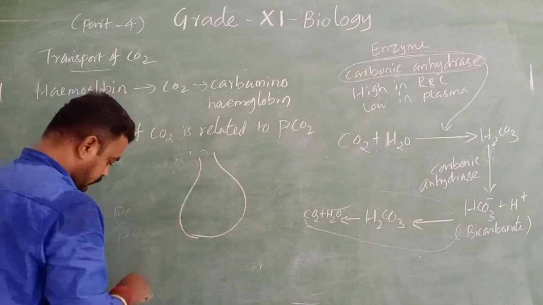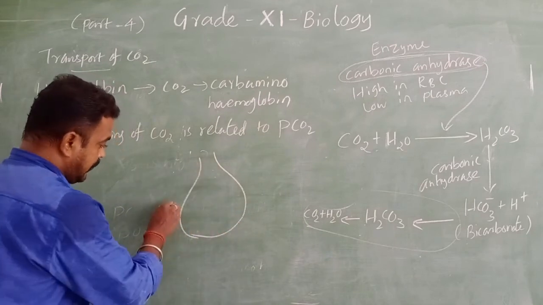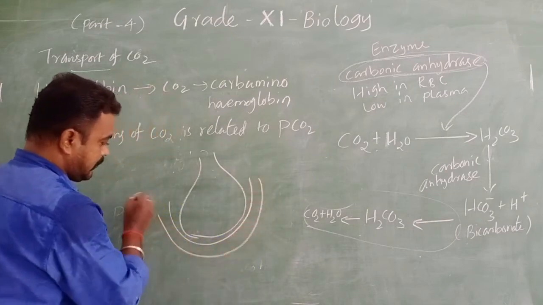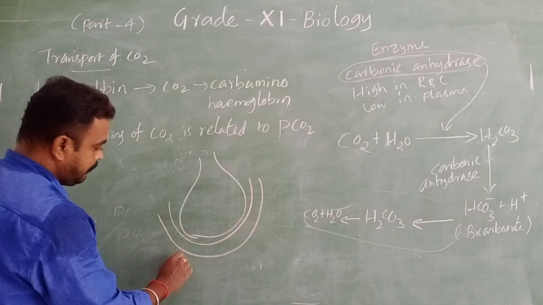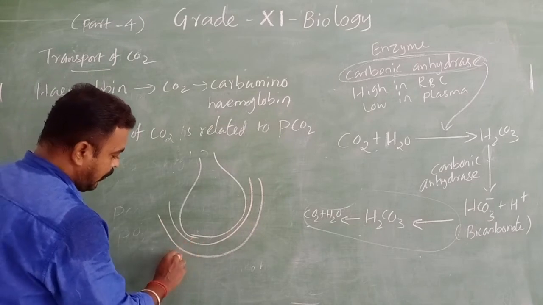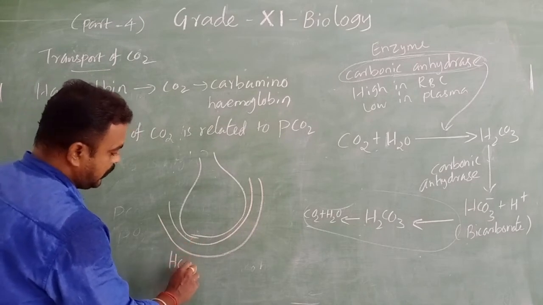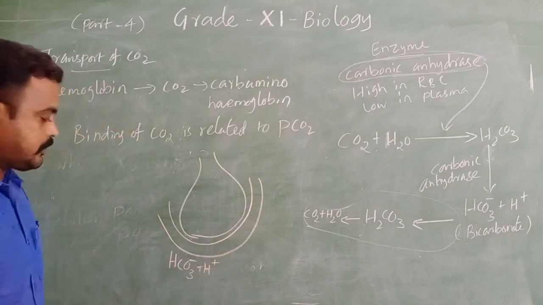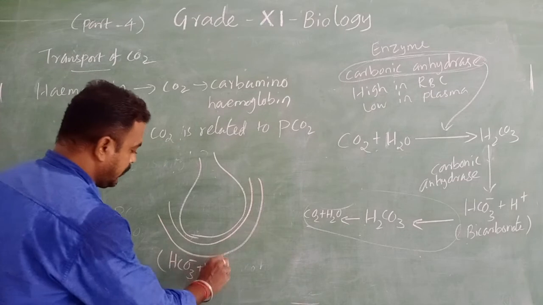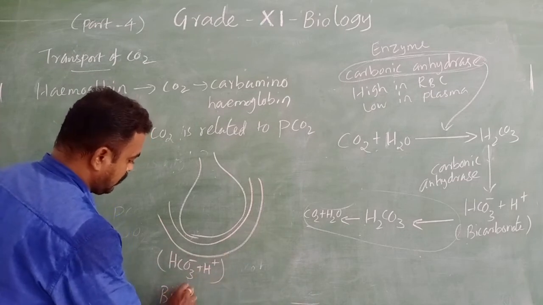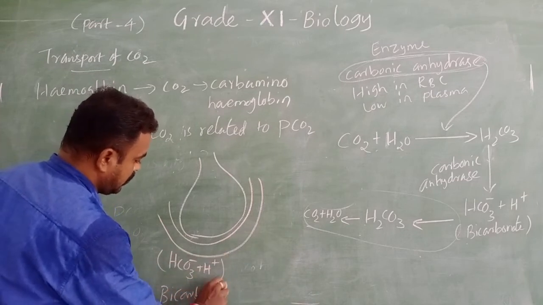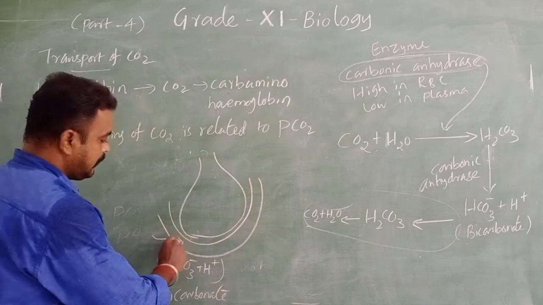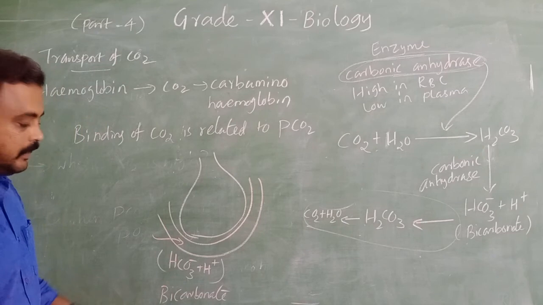So here we have HCO3 minus plus H plus, that is bicarbonate, which comes in the blood.